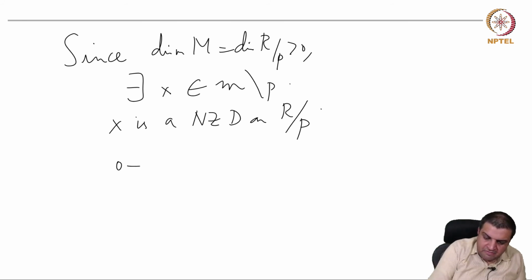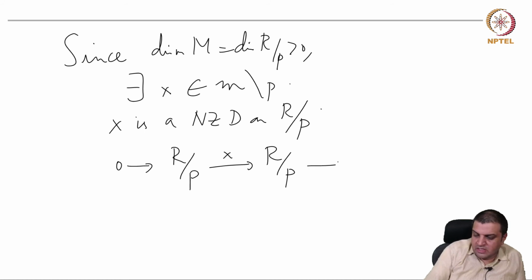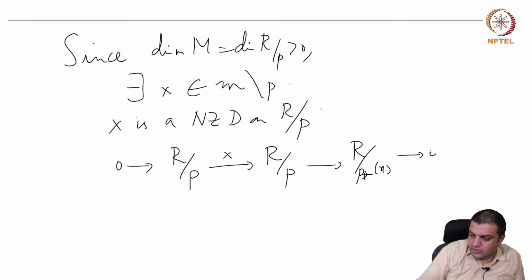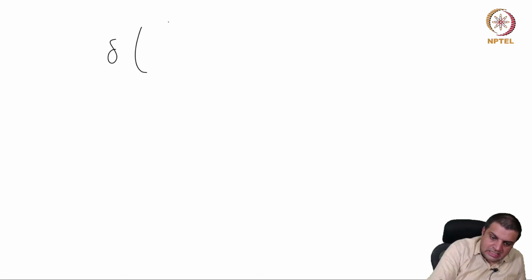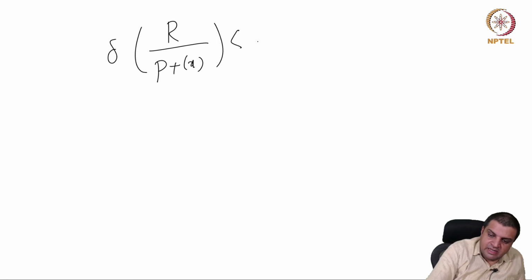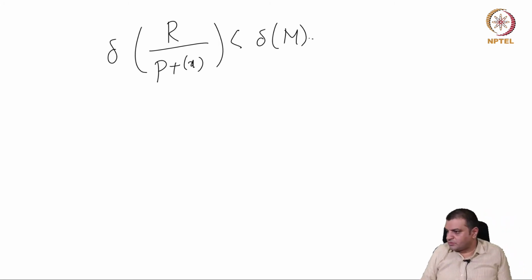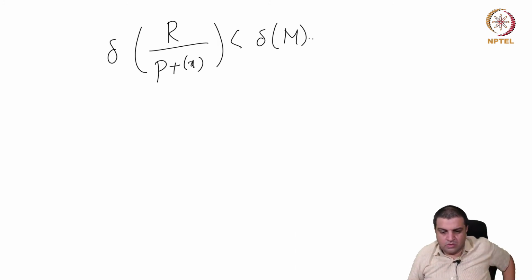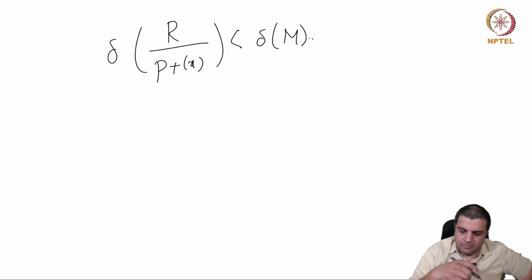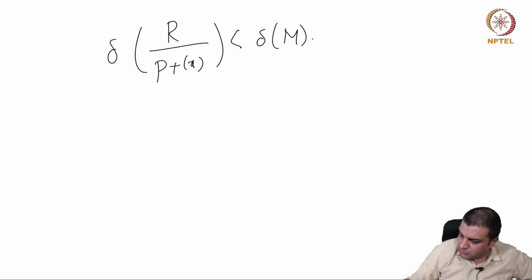So now we have the exact sequence 0 to R mod P, to R mod P by multiplication by x, to R mod P plus x, to 0. We saw that delta of a quotient by a non-zero divisor is strictly less than delta of M. So this much we have.